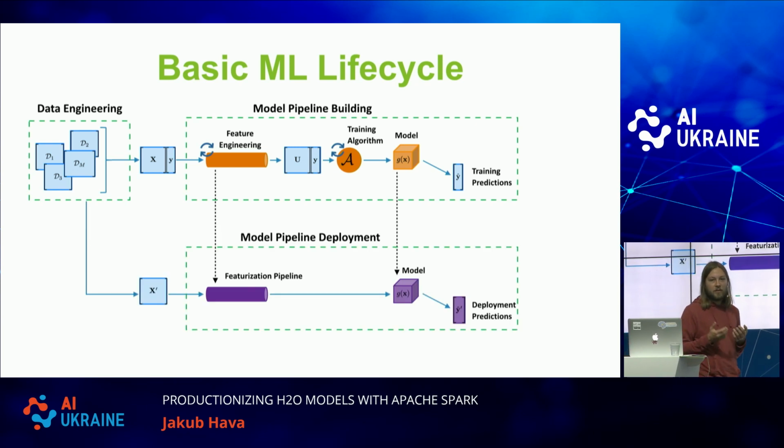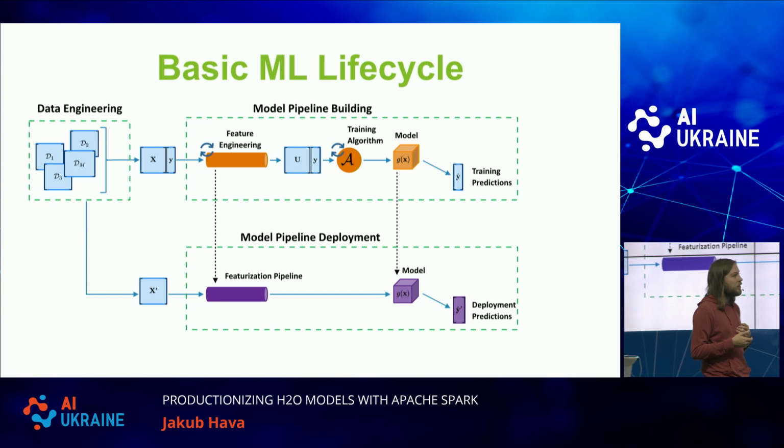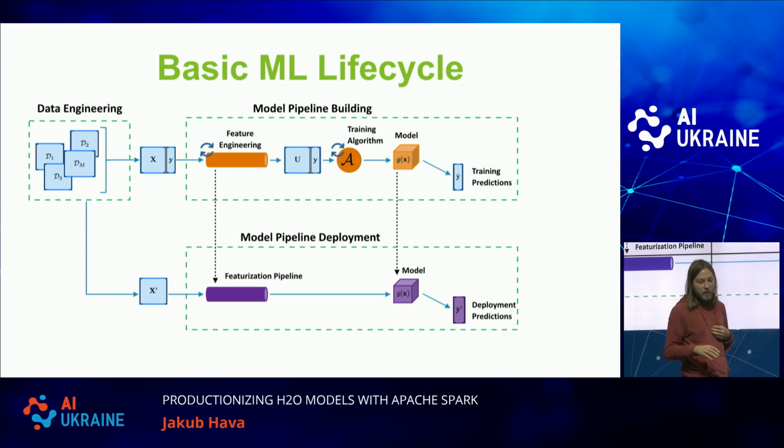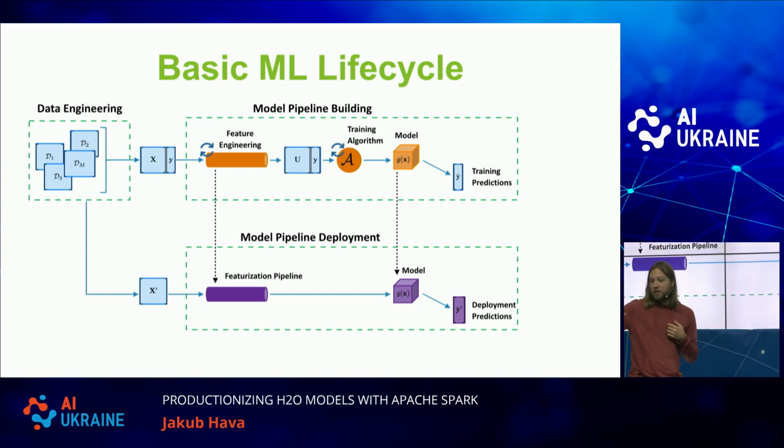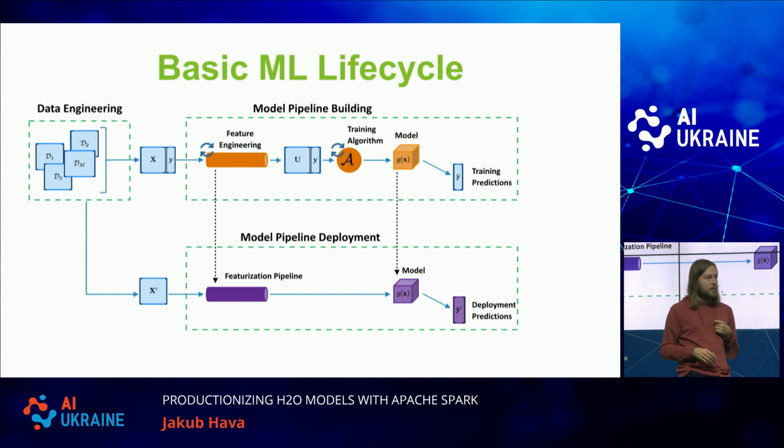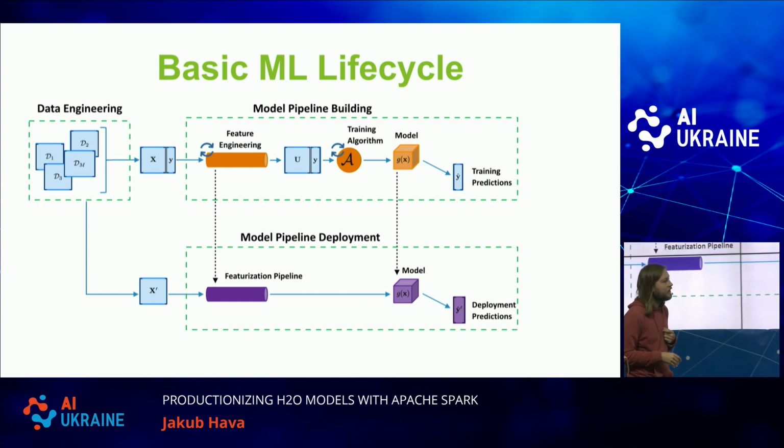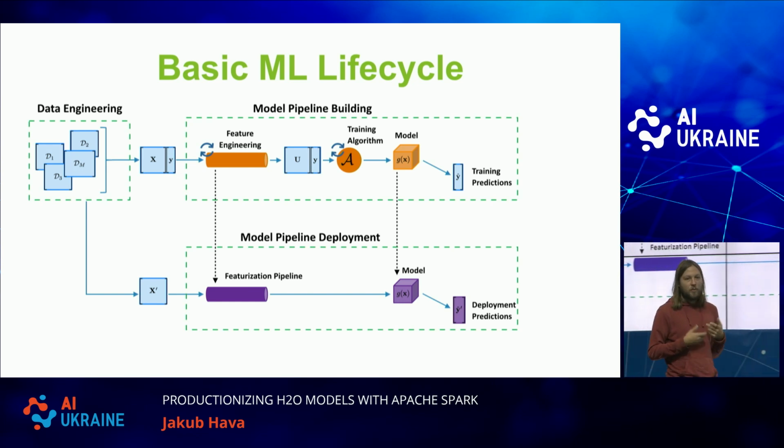But still, this is not enough. You have the model, and you need to take it to production somehow. So we need to mimic the first half of the slide at the bottom. We have X with a prime there. That's our prediction data set.